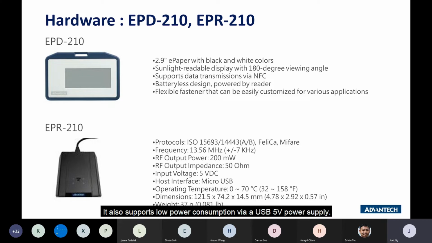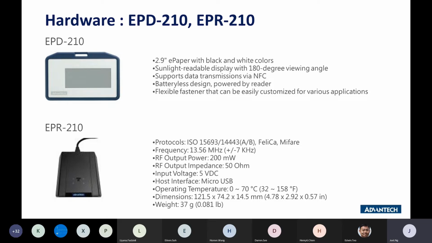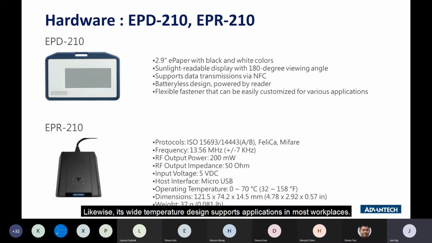It also supports low power consumption via a USB 5 volt power supply. It is small and light and has a power indicator. Likewise, its wide temperature design supports applications in most workplaces.